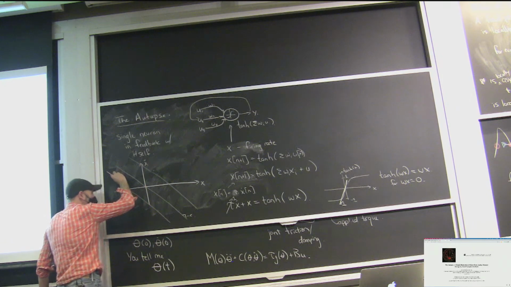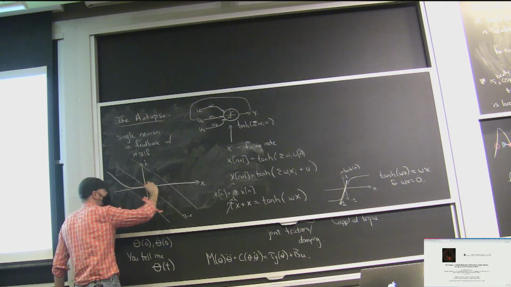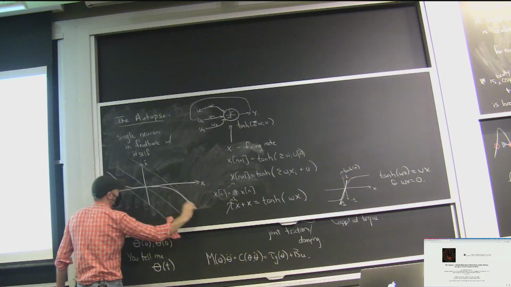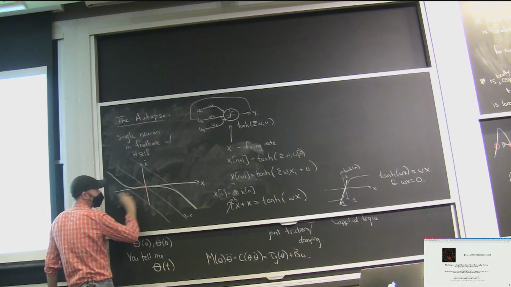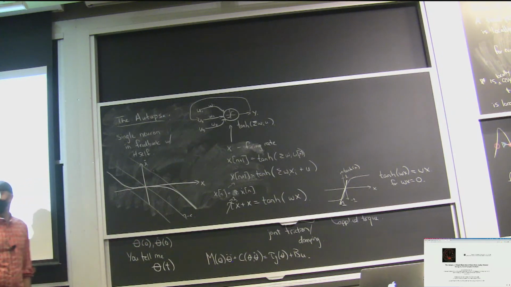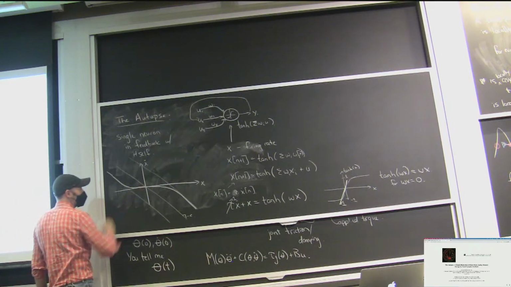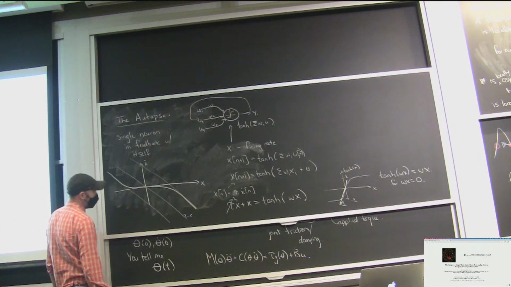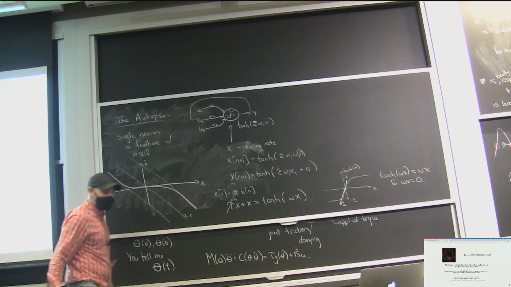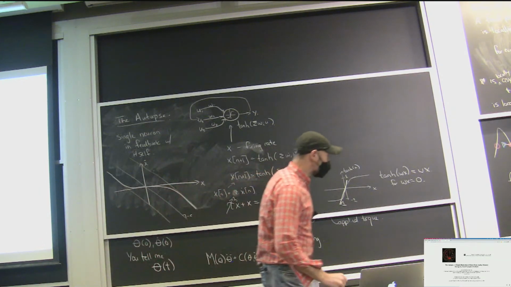And it's going to go something like this. If w is 1, then it's going to have this grazing intersection with that line, and go down. Cool.